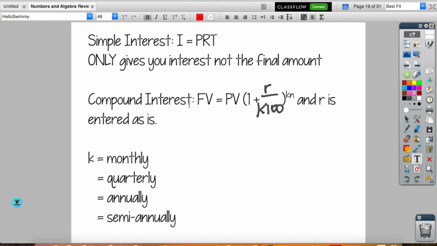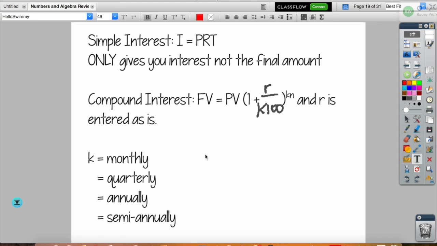Compound interest, this formula was in your reference booklet and actually had the definitions of what everything was. The main thing here is R is entered as it is. So if R is given to you as 6%, you plug in 6 for R. And remember, with compound interest, there were also the different compounding periods. So remember, K could be monthly, quarterly, annually, semi-annually.